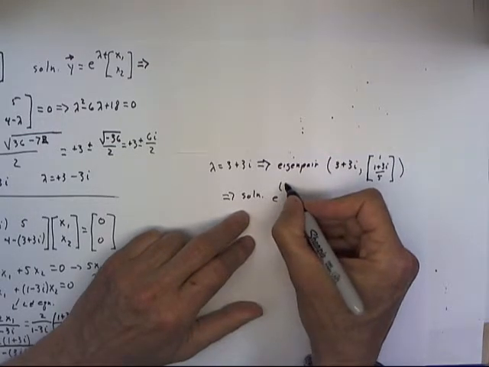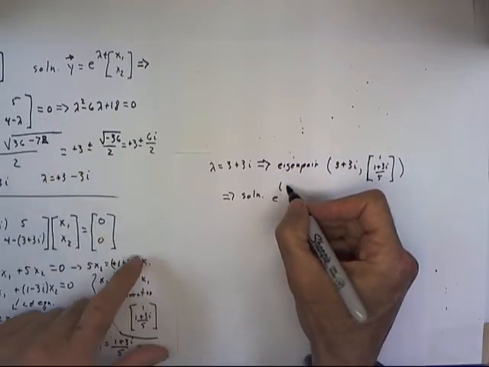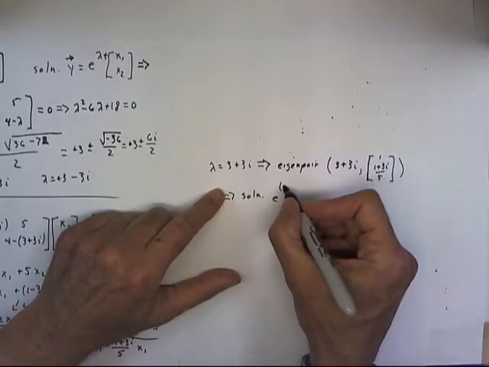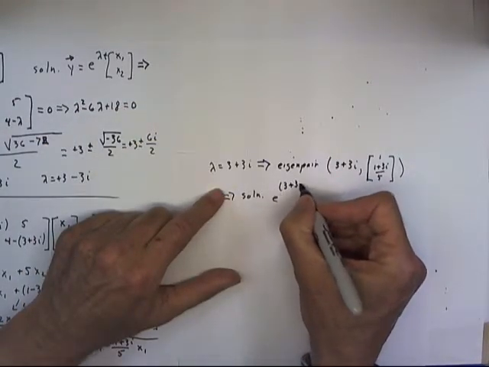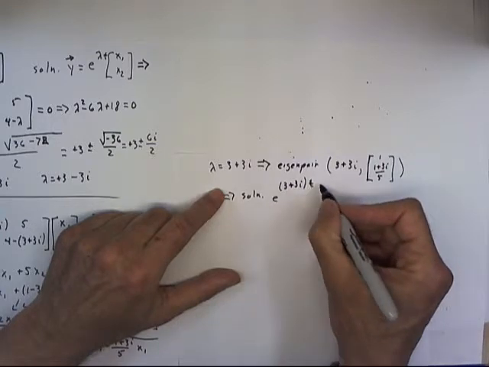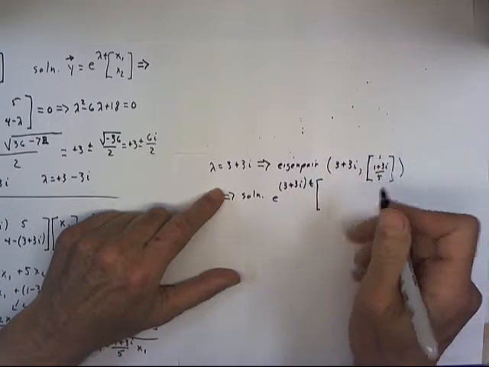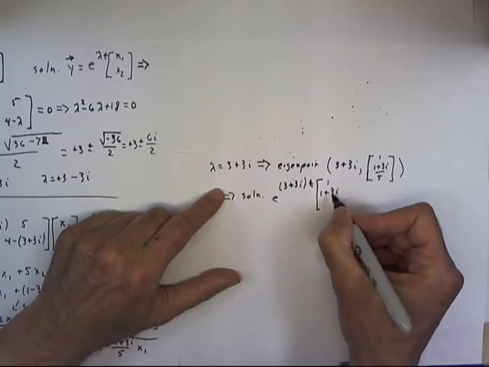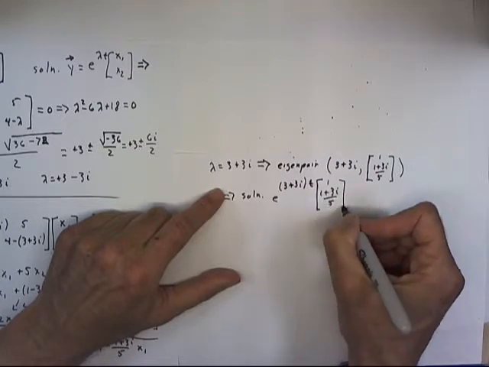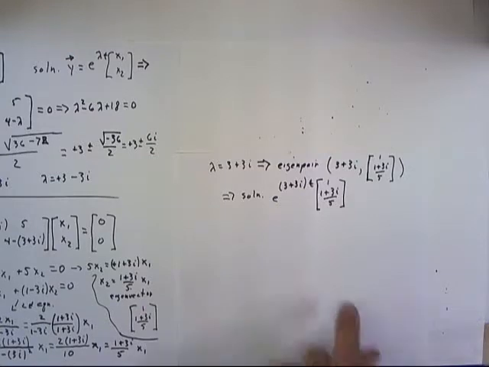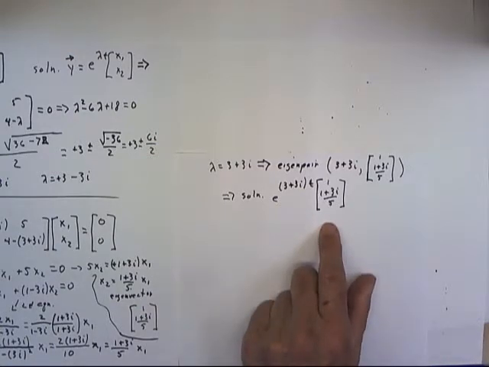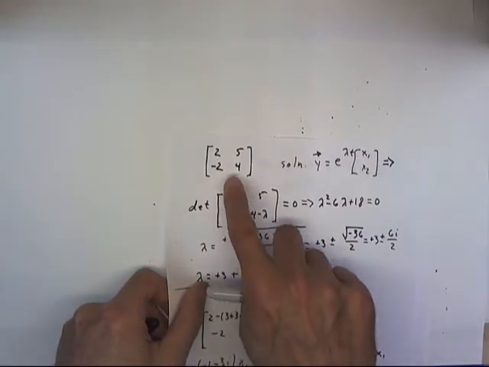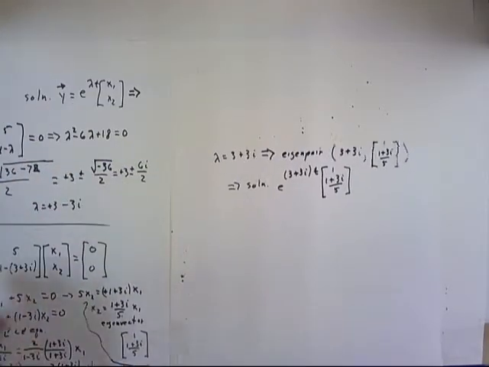So we get e to the lambda t, our solution being y equals e to the lambda t times x1, x2, e to the 3 plus 3i quantity times t, multiplied by our eigenvector 1, 1 plus 3i over 5. So there's one solution to the original system of equations.